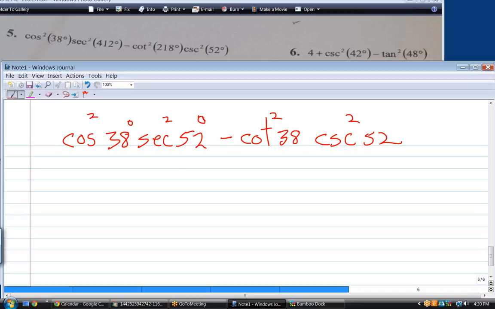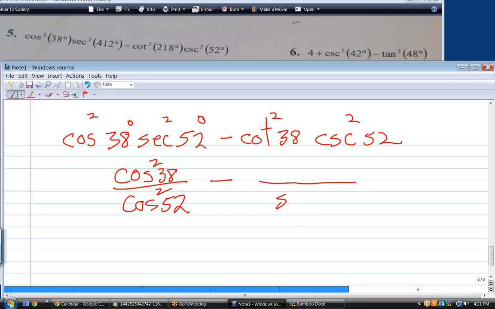This became cosine of 38 over cosine of 52, squared. And what does this become? The cosecant puts the denominator as sine of 52.